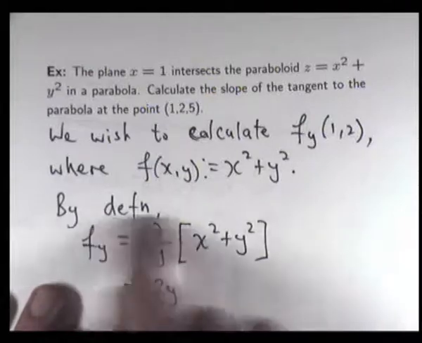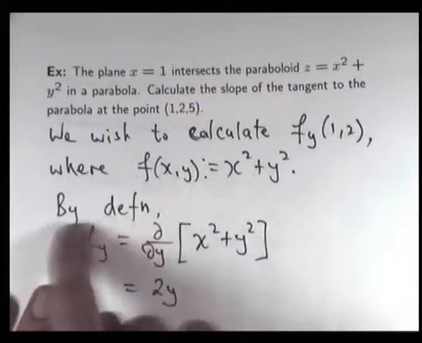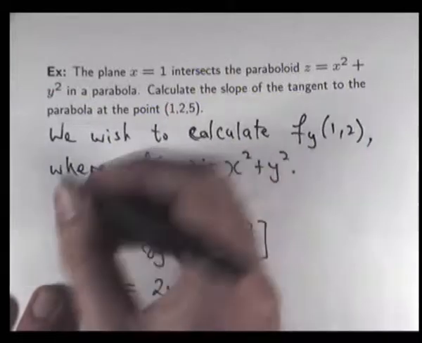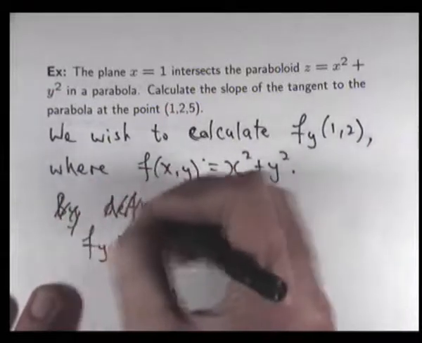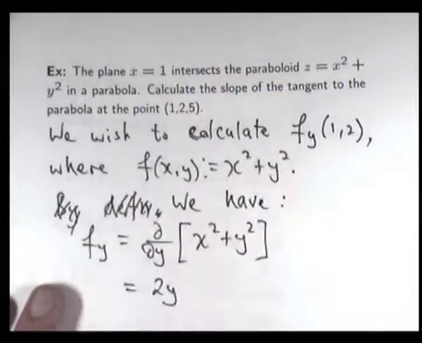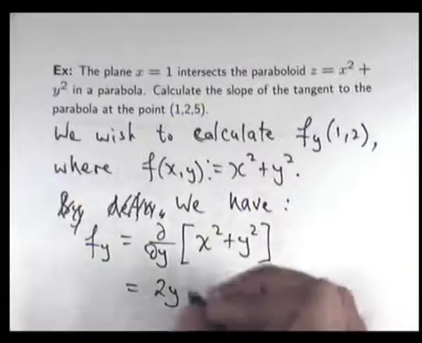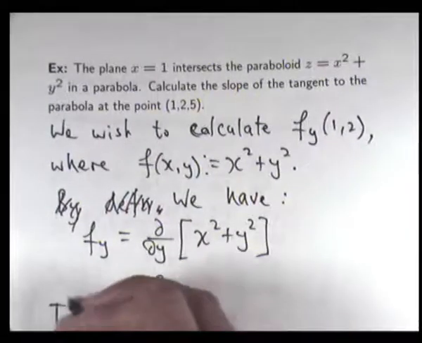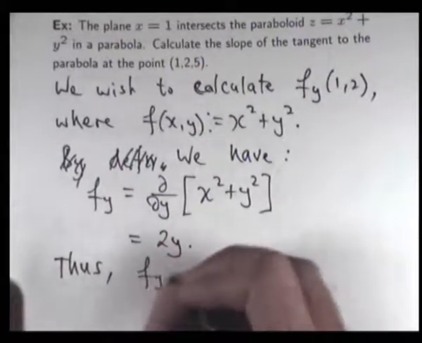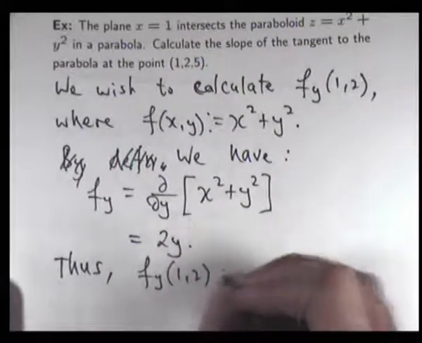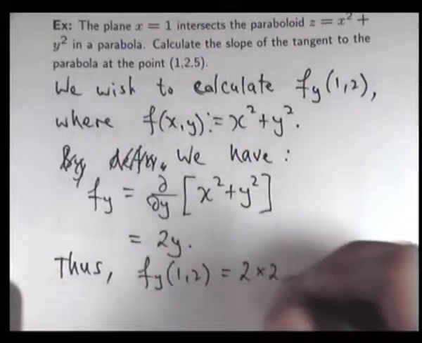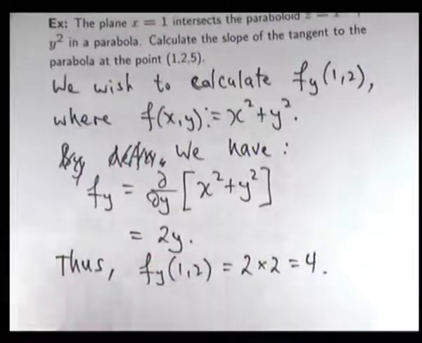Now, we're not actually using a definition here, so I'm going to change that to "we have". All right. Now all we need to do is substitute in x equals 1, y equals 2. Now there's no x's here, so it's just 2 times 2, which equals 4.